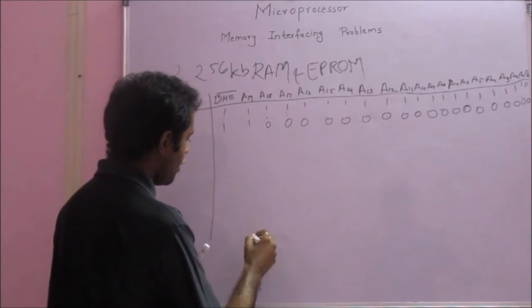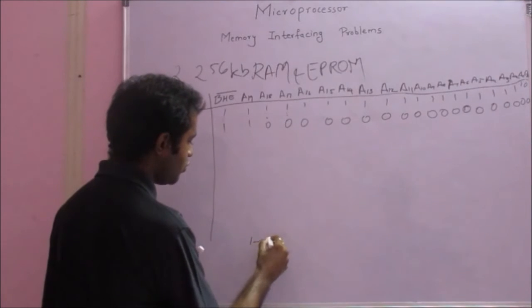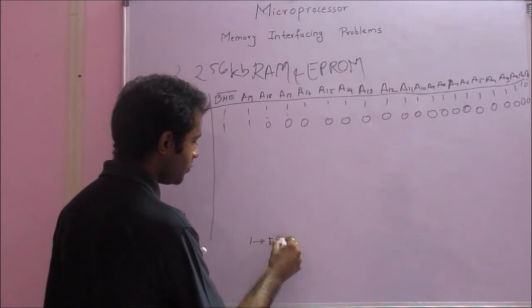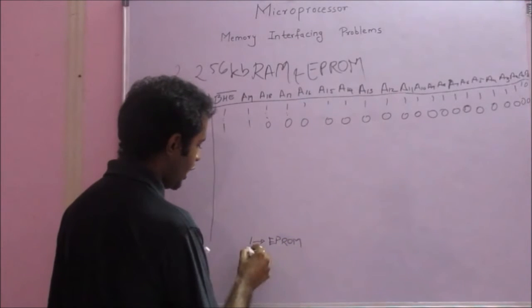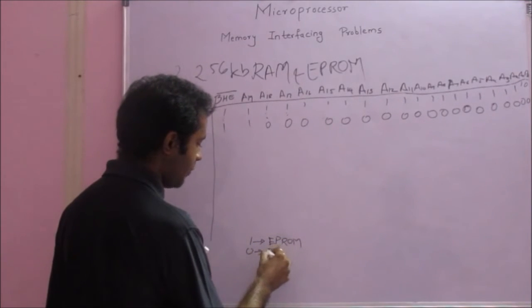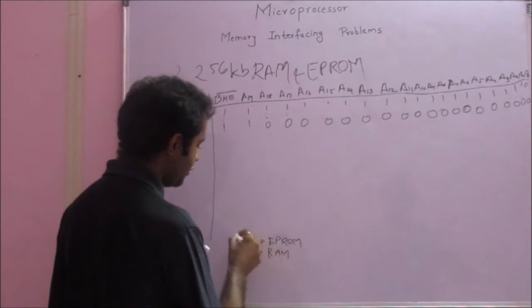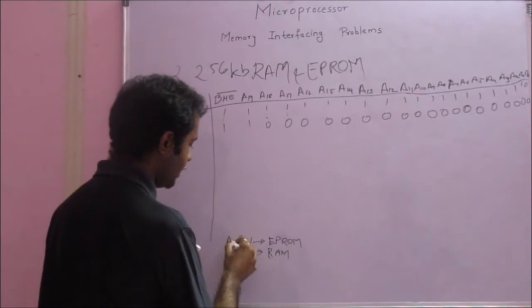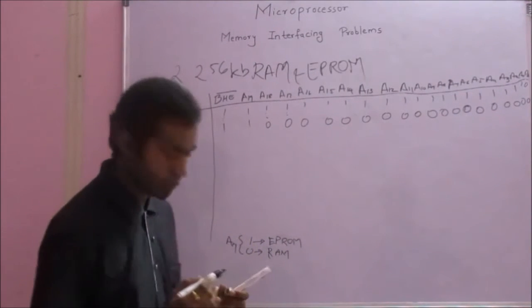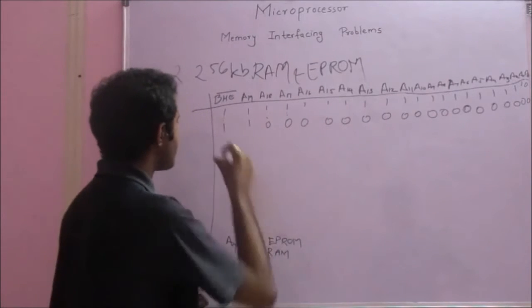So 1 goes to EPROM and 0 goes to RAM. This is only for A19. Hope you're clear.